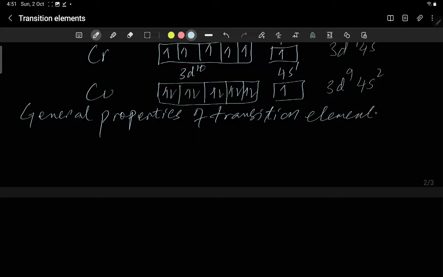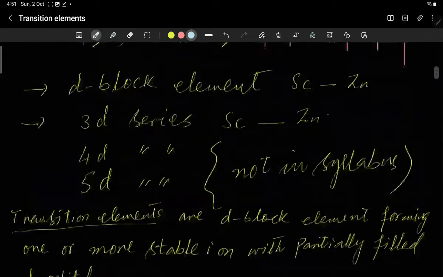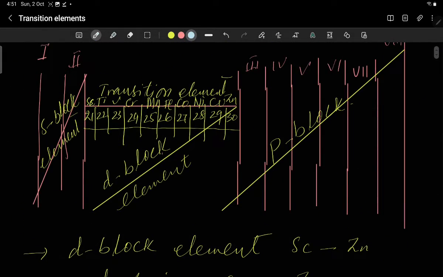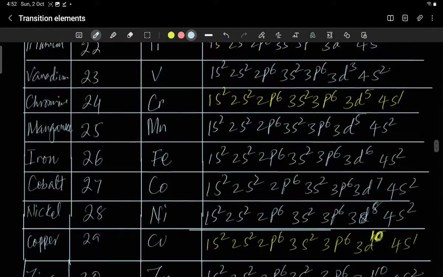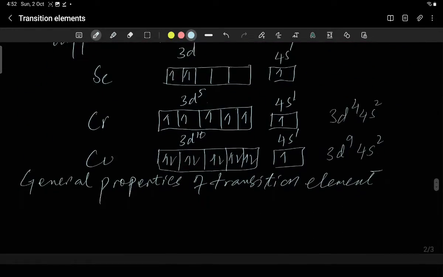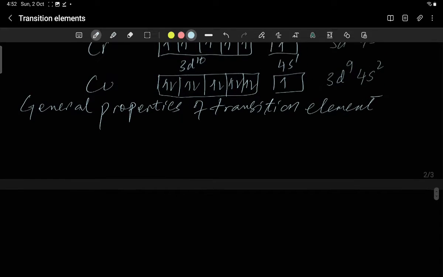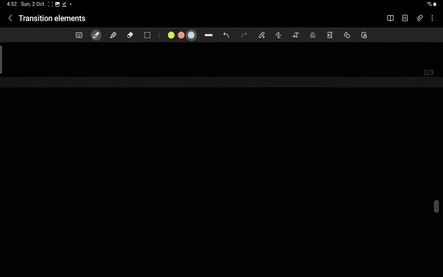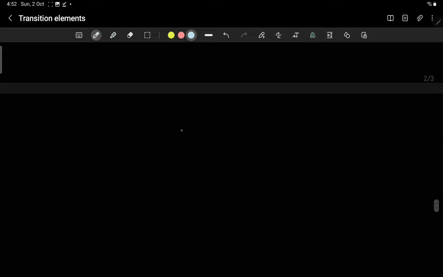If we compare the s block and d block metals, there are certain differences between them.